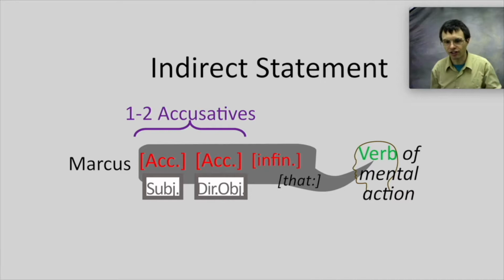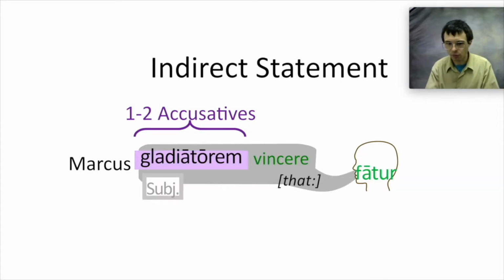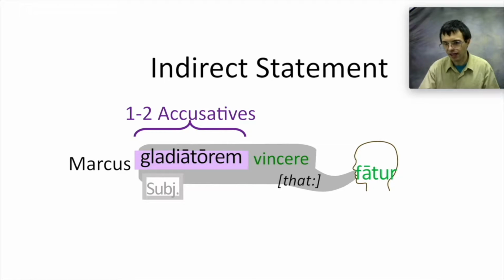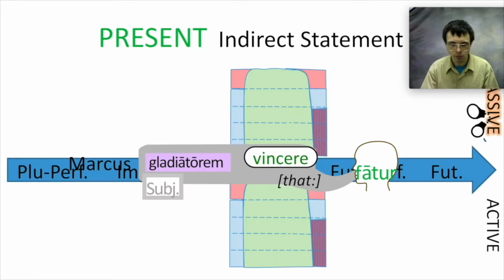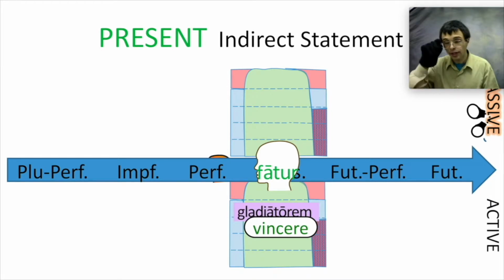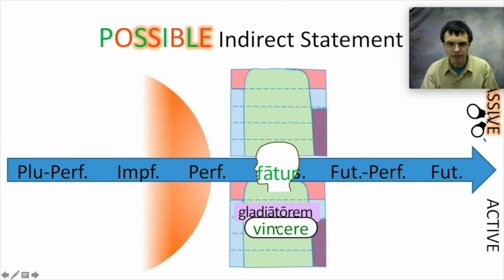All right, so guess what here we're going to change? Yeah, the infinitive. Okay, so we'll use an example of Marcus confesses the gladiator to conquer. Now, you could just say, for fari fatus est. It's normally just translated say, but that's where we got our English word confess from. Let's just say. So Marcus says the gladiator to conquer. What we're going to do is we're going to put these onto the chart where they belong. This time gladiatorum is going to be like a piece of the infinitive, so it'll go with it.